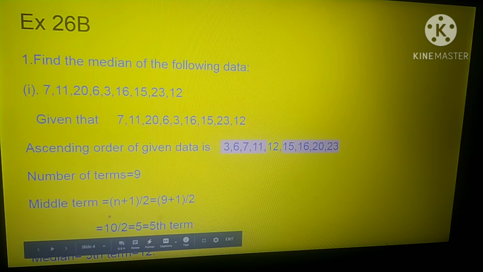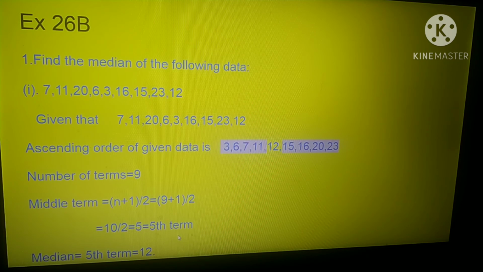In place of n, 9 plus 1 divided by 2, that is 10 by 2, equal to 5. That means the fifth term is your middle term. Observe your data. Which one is the fifth term here? In the ascending order data, the fifth term is 12. Number 12 is your fifth term, so that is your median.